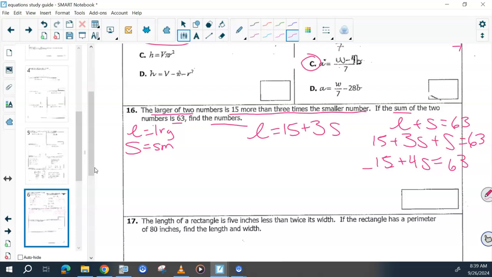And get rid of 15. What is that? 63 minus 15. 48. And divide both sides by 4. So that S is 12.